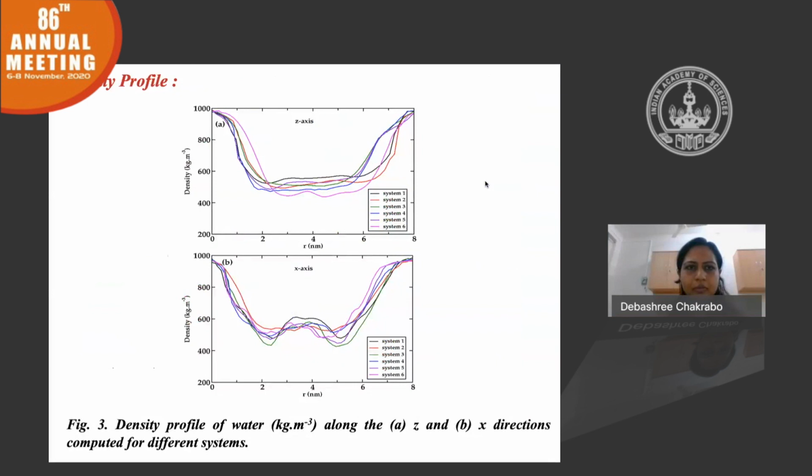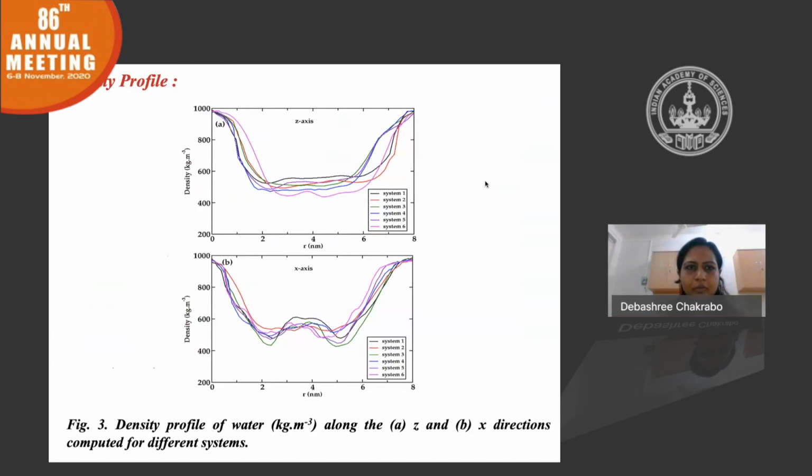And it is found that for the charged system, there is more water inside the pore compared to the neutral analog. And if we plot the water density along the x-axis and y-axis, as you encounter the nanotube wall, it decreases, and then as you go inside the pore, it increases. And then again it decreases and increases.